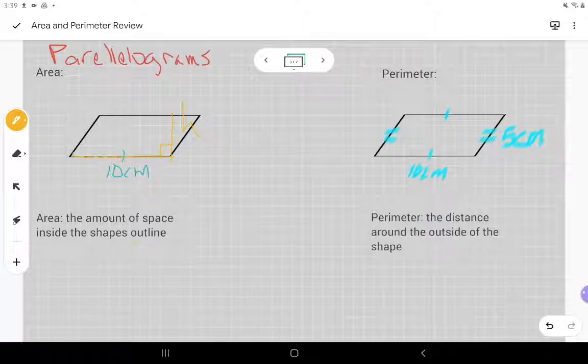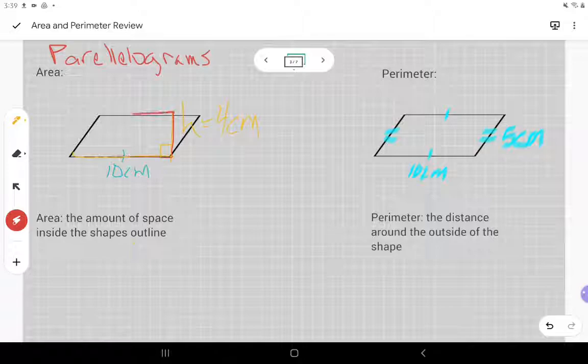And as you can see here, when we draw from the bottom to the top, the height of this parallelogram is 4 centimeters. And so just like we talked about, if I was to slice this triangle off the side and add it onto this side, I'm really creating a rectangle with a base of 10 and a height of 4, or a length of 10 and a width of 4.